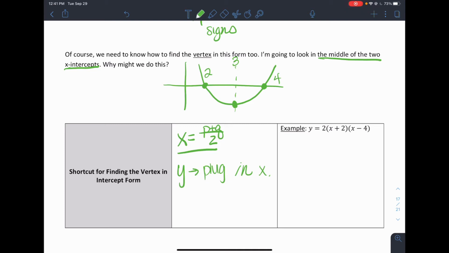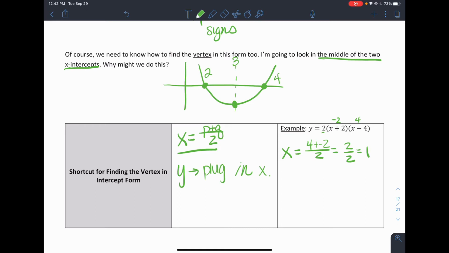Let's practice this, okay? Here, we have an a value of 2. We have x plus 2, so my first value is negative 2, and we have x minus 4, so my second value is 4. These are my x-intercepts. So, x equals 4 plus negative 2 over 2. So we have 2 over 2, which is 1.